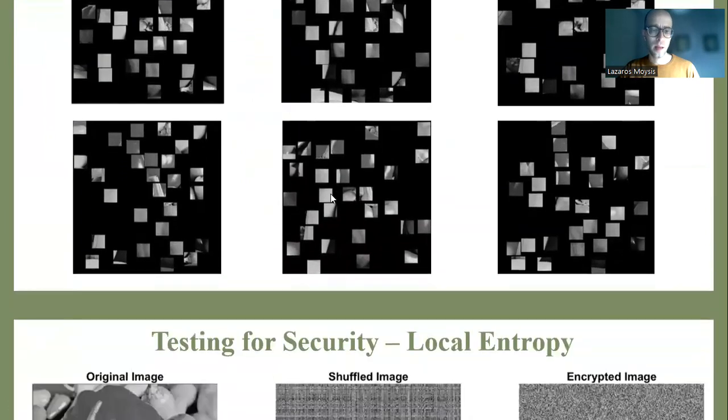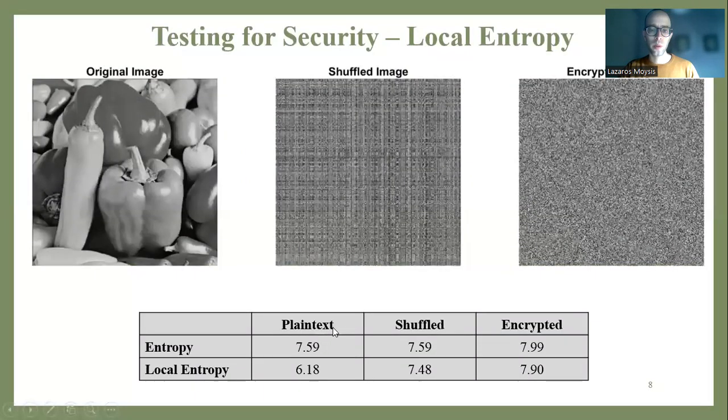So for my grayscale image, if we compute the local entropy, you will see that now the original and shuffled images have different local entropies. This is because when I pick random sub-blocks in the shuffled image, of course, the pixel distribution is heavily different, and the mean value is somewhat higher than the original image.